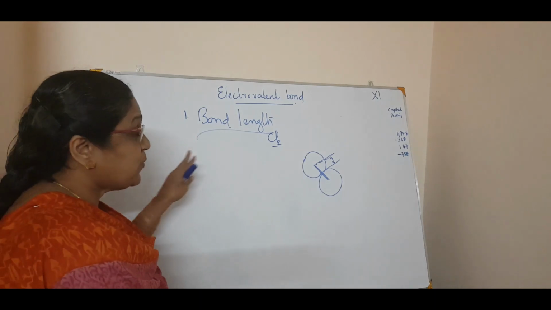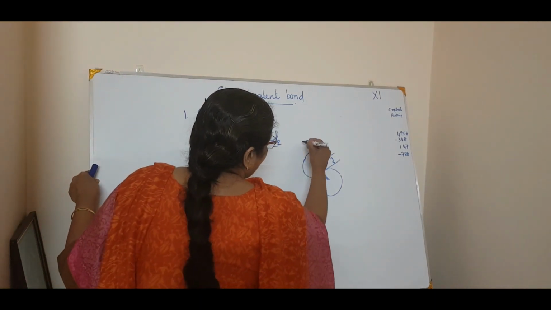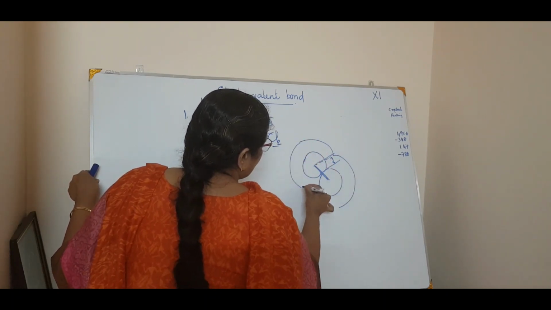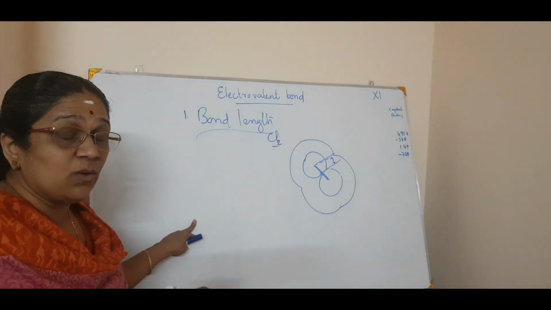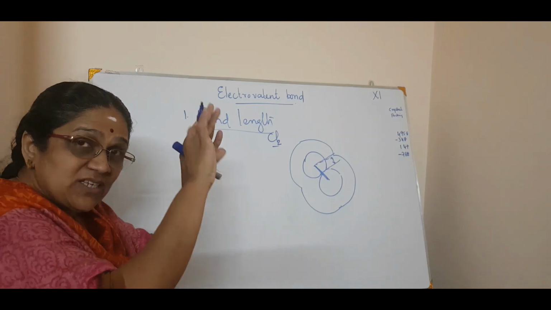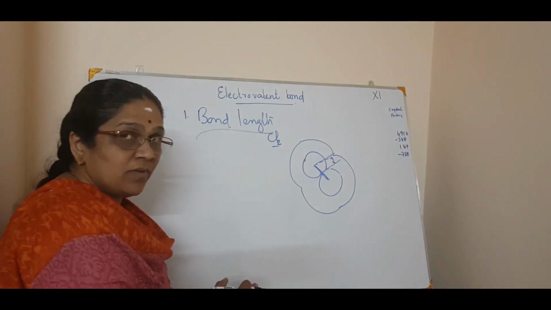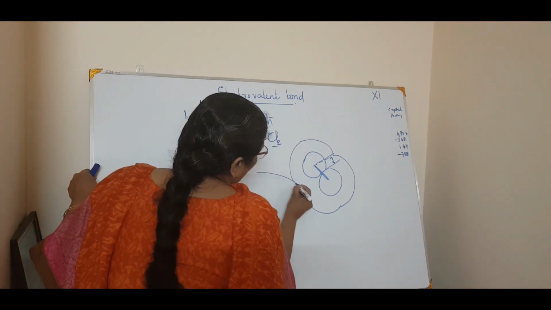Okay. Now, what is van der Waals radius? In this chlorine atom, if you want to calculate the van der Waals radius, you have to show the valence electrons, or the valence shell also. That means the whole isolated molecule you have to show, and one more molecule you have to show.